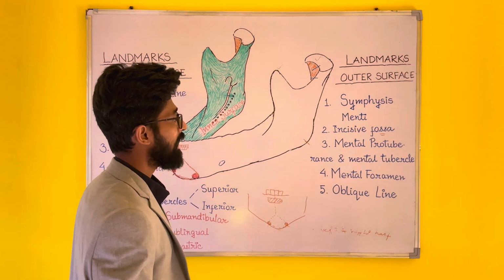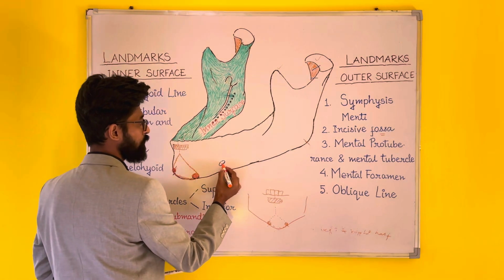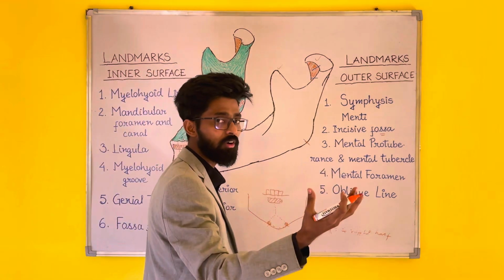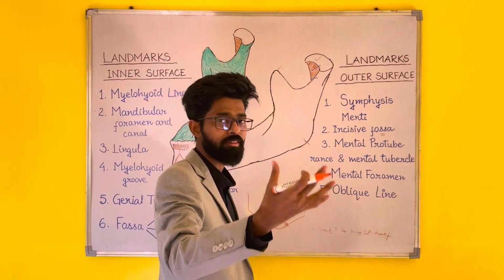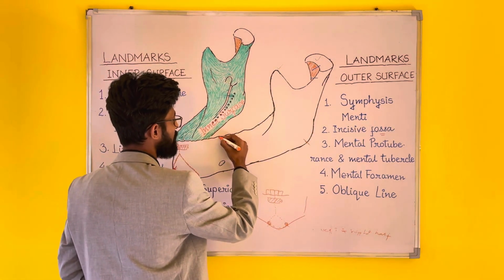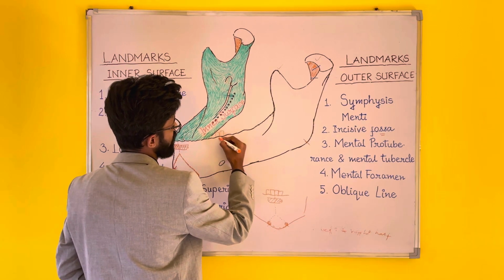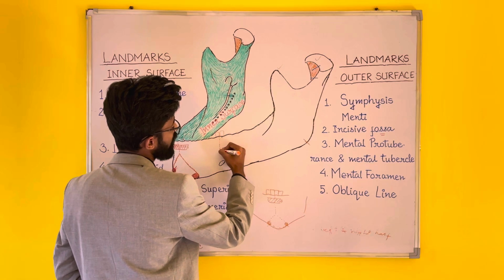Next is the mental foramen. Foramen means opening, through which nerves and blood vessels pass. The mental foramen is present below the junction of the premolar teeth, the interproximal area of the premolar teeth.